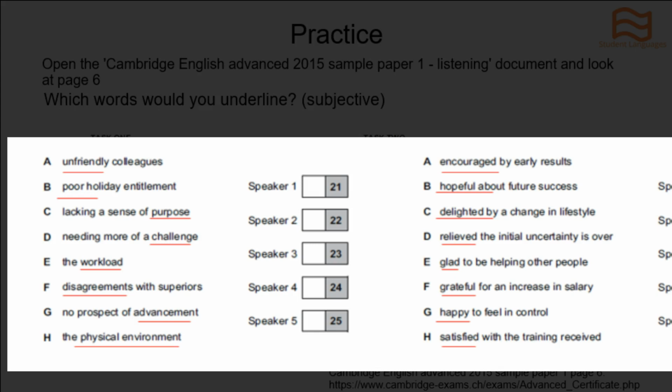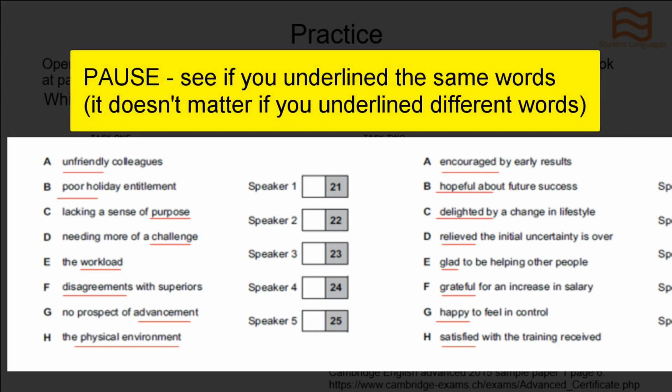It's easier to choose from A to H if I have these focus points, because remember, I only have to choose 5 of the options A to H, 1 for each speaker. So you could compare these with the words that you underlined or with the words that you thought, but these are the words which I think are really going to help me to focus on what I'm listening for.